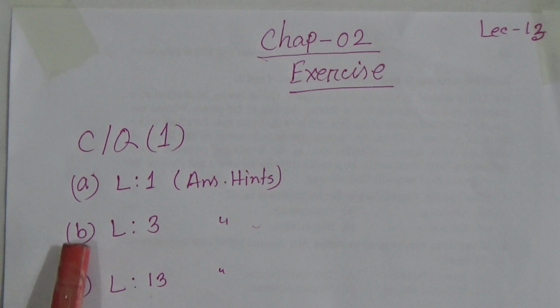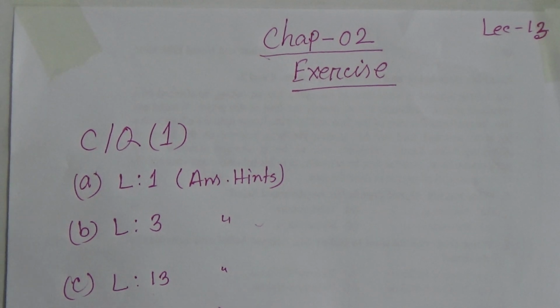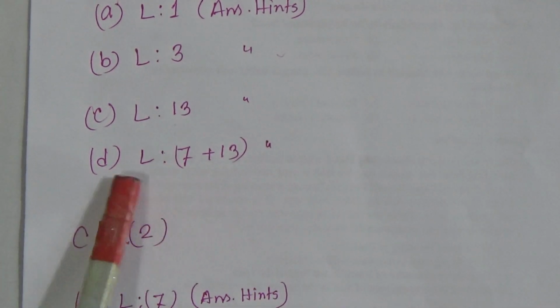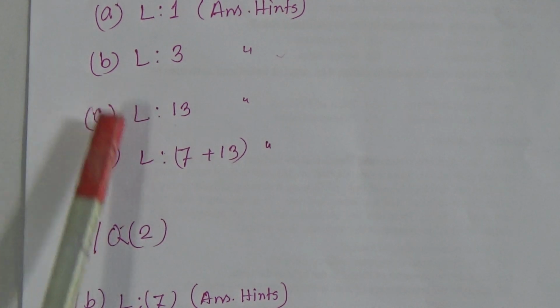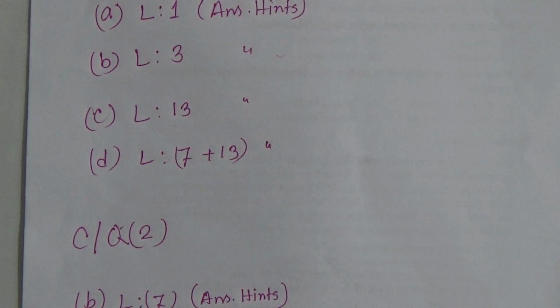For C, you will get the answer in lesson 13. For D, you will get the answer in lesson 7 and lesson 13. With the discussion of these lessons and with the help of STEAM, you have to answer C and D both, and you have to apply your knowledge also.